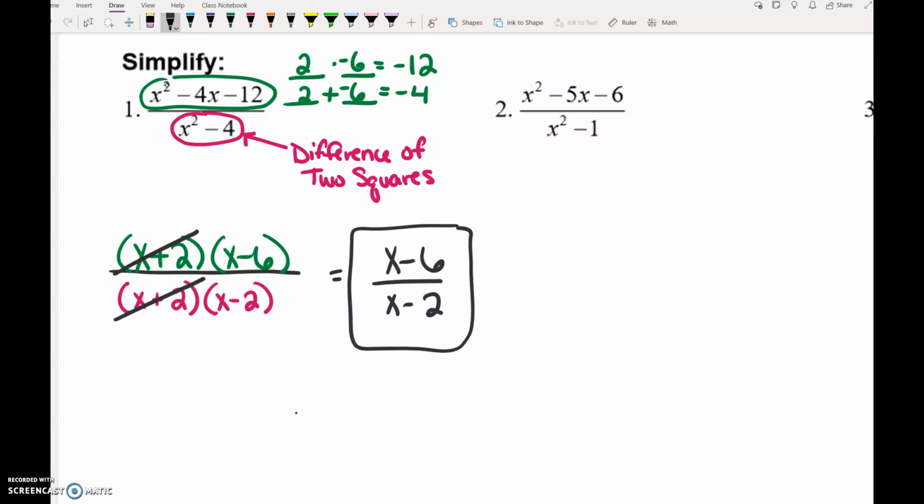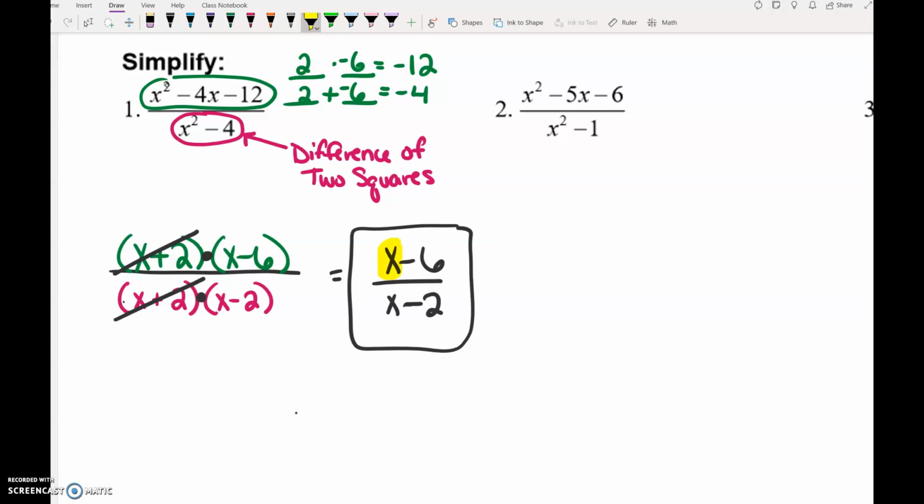Okay, warning though, I don't want you to try to take this further than you're able to. X plus 2 can be canceled because it's x plus 2 times x minus 6, and it's x plus 2 times x minus 2. You can cancel factors. You can cancel things that are being multiplied. You cannot cancel things that are being added or subtracted.